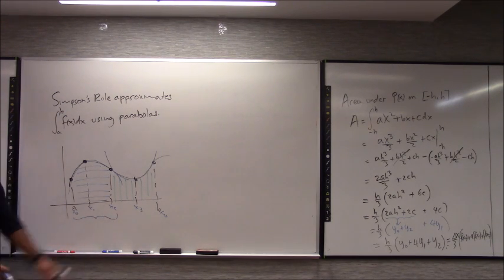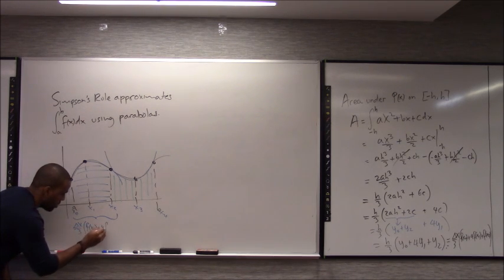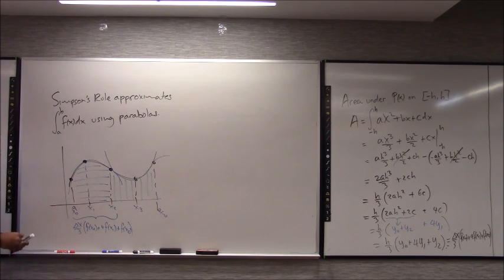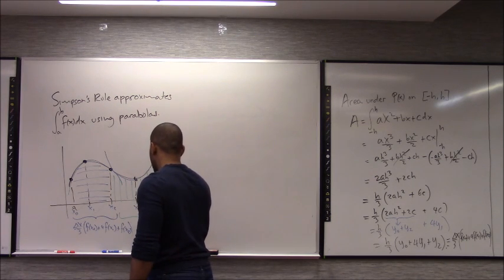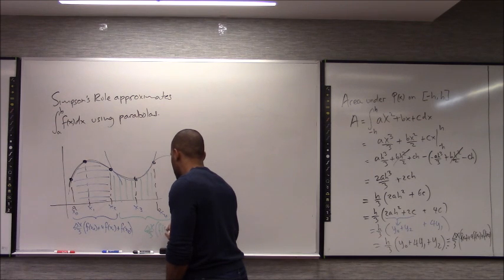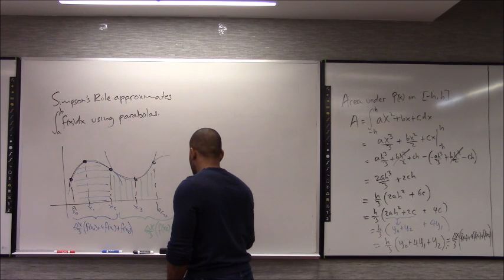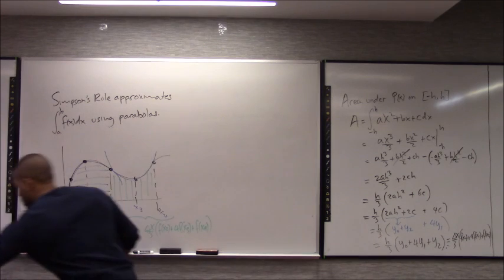It's going to look like delta x over 3 times f of x0 plus 4 f of x1 plus f of x2. And what would the area over here look like? Well, that's going to give us delta x over 3 times f of x2 plus 4 f of x3 plus f of x4. And of course, the total area is going to be you adding these two together.